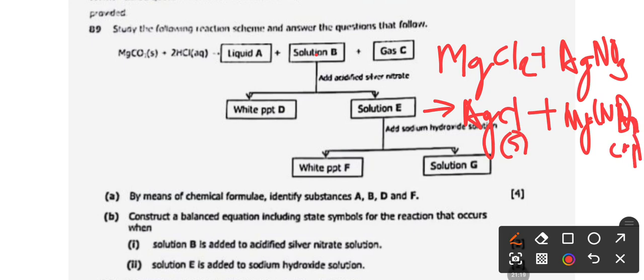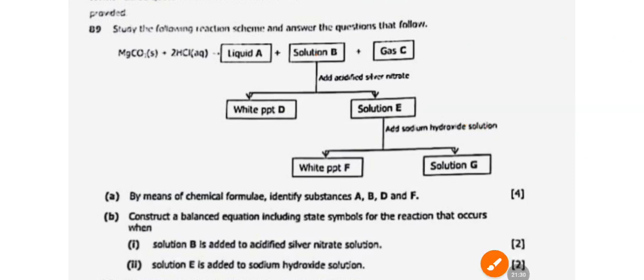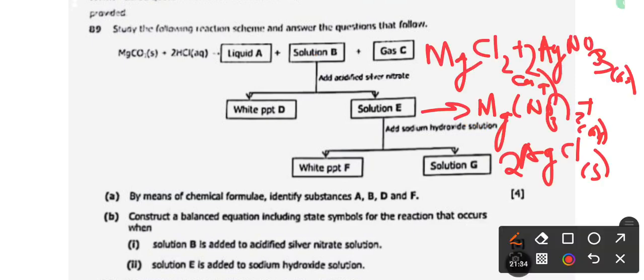So there is a 2 here. Let me write it properly. This one is better. So magnesium chloride plus 2 moles of silver nitrate reacts to give us magnesium nitrate plus the precipitate of silver chloride, which is in solid state. So we have answered this part.